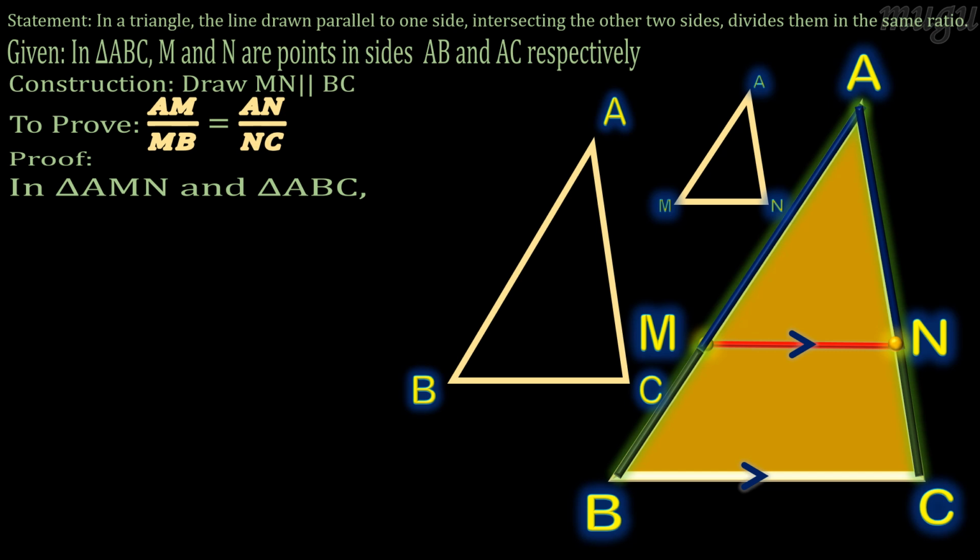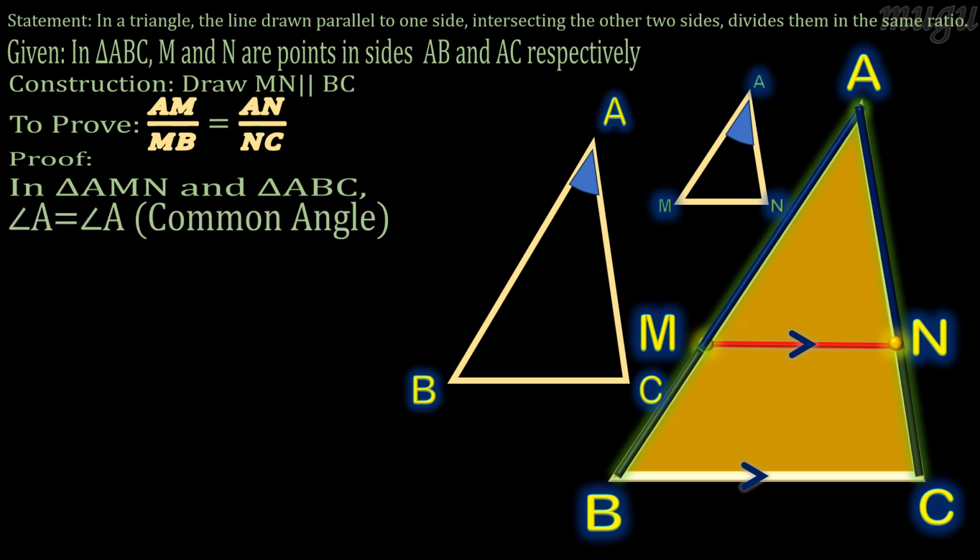Now you have two triangles because of this line segment MN, that is AMN and ABC. What is happening in these two triangles? You have angle A which is common, so those two angles are equal.